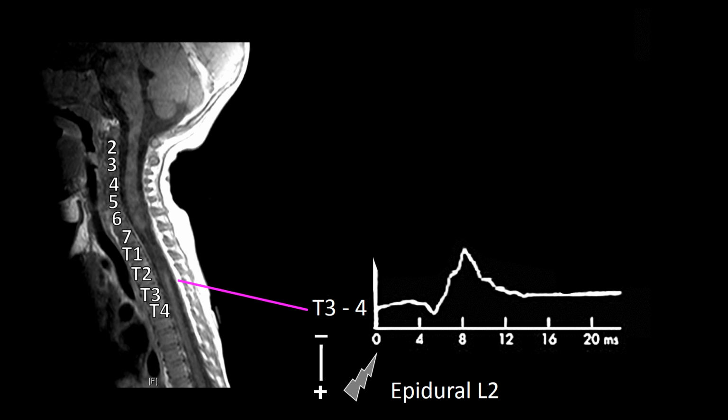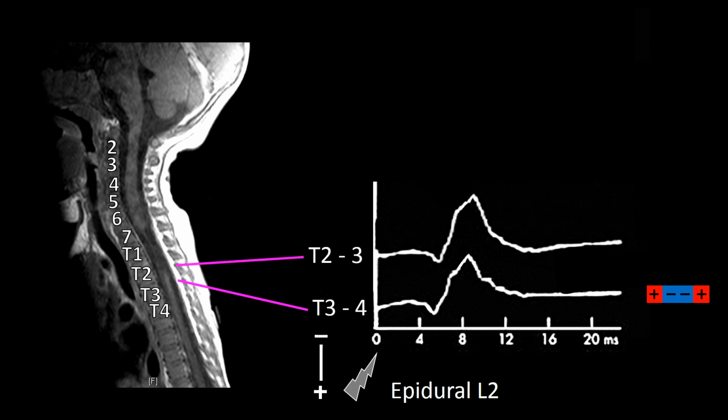in the first derivation from T3 to T4, you can see a brief and low amplitude initial positive potential followed by a large negative potential that drowns the subsequent positive potential. This finding corresponds to the traveling healthy quadrupole.